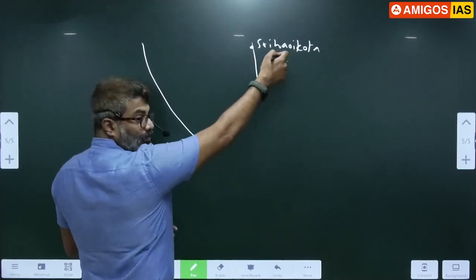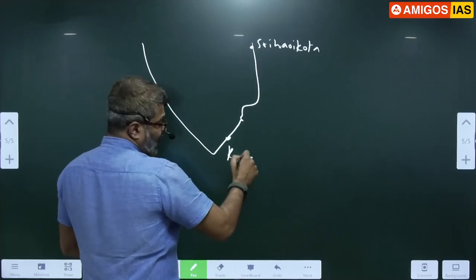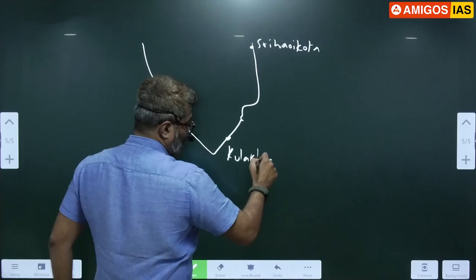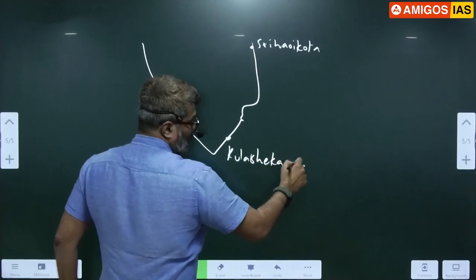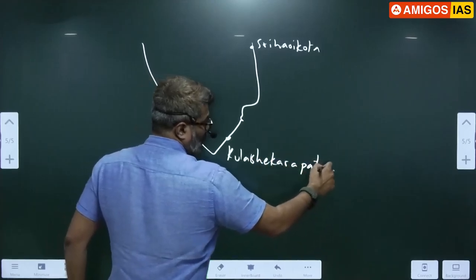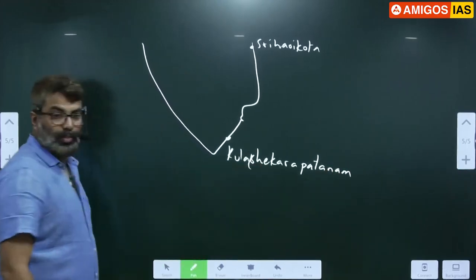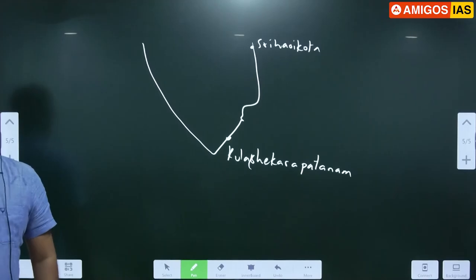This is our Sriharikota, and Kulasekarapattinam is here. Like this, you can understand.